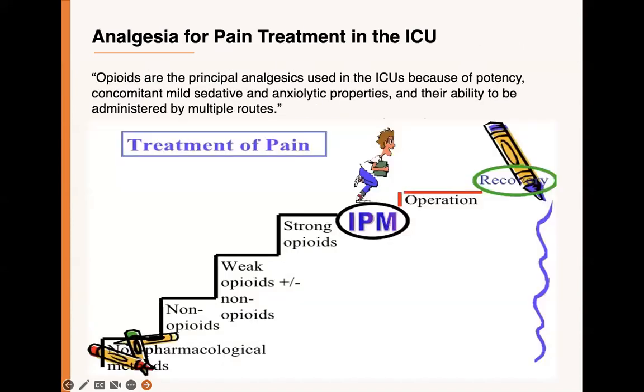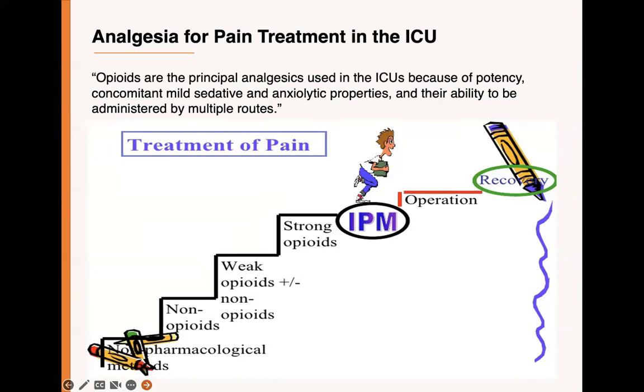Next. So now we have already seen what our options are in the route. Now, how do we choose? Opioids have been widely used in the ICU because they offer two or three things. One, you have multiple routes that you can give with opioids while you are managing pain, but also opioids have sedative and anxiolytic properties, which we also desire for some of the ICU patients.